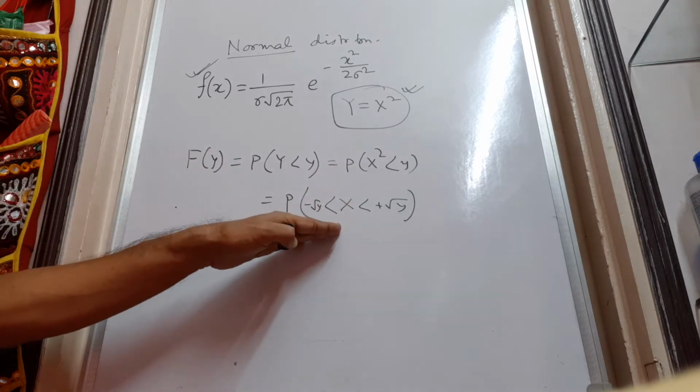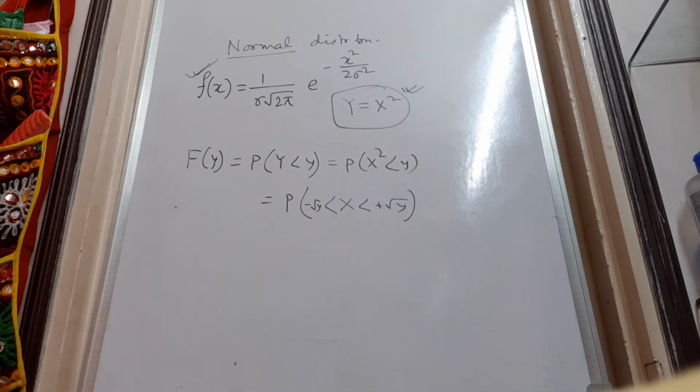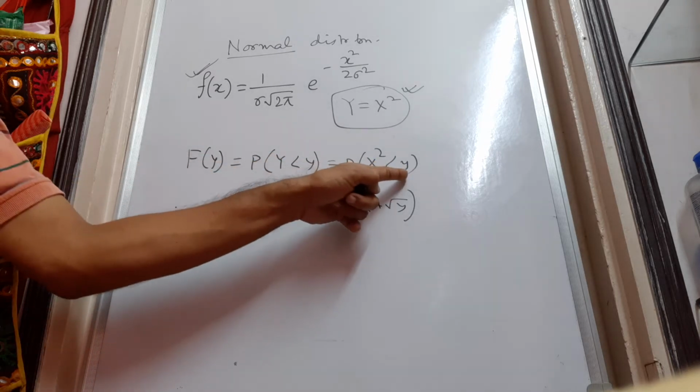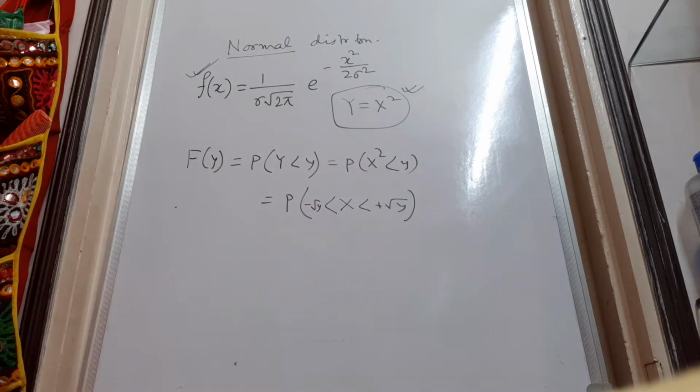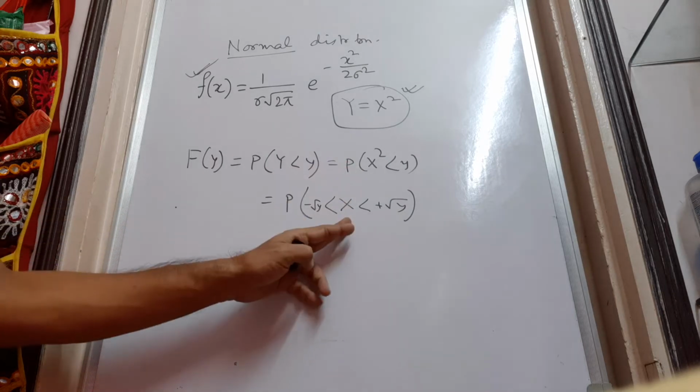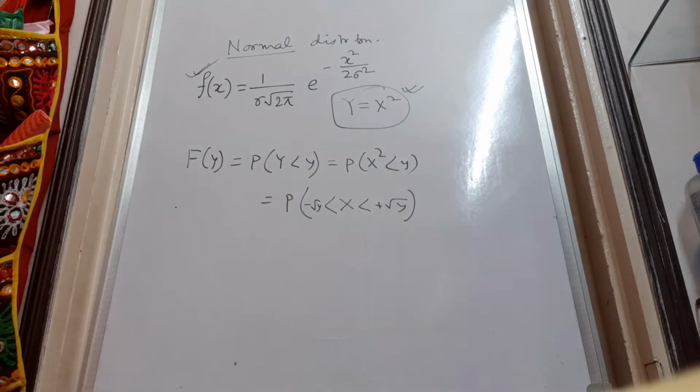This is quite reasonable from the concept of inequality of numbers. If x square is less than y, we should say that capital X lies in between plus root y and minus root y.